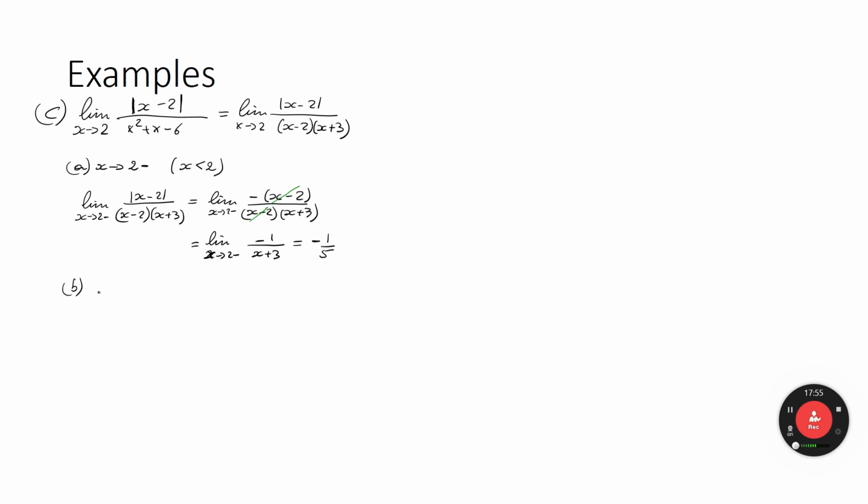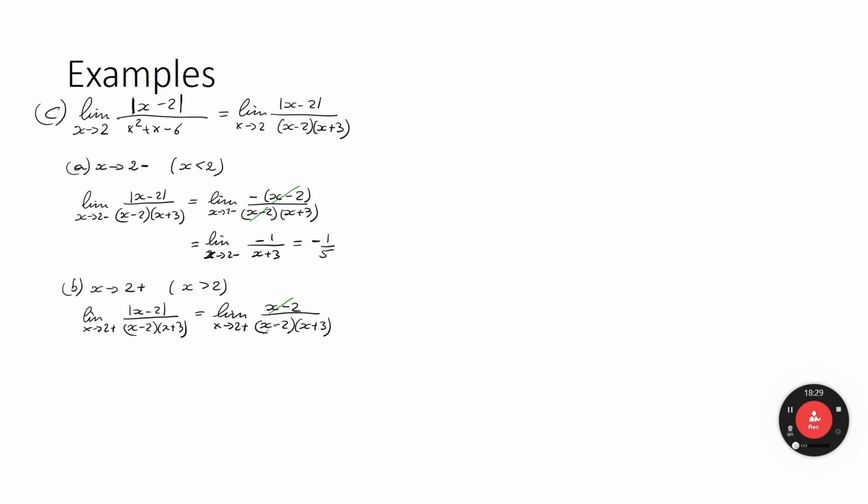And now for the other case, we do x going to 2 plus. So in particular here we know x is going to be positive, and that's important to figure out the absolute value. So the absolute value of x minus 2 over the denominator is the limit of x going to 2 plus of x minus 2 over x minus 2, x plus 3.